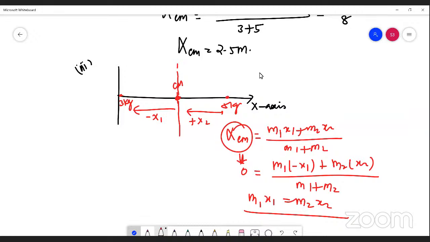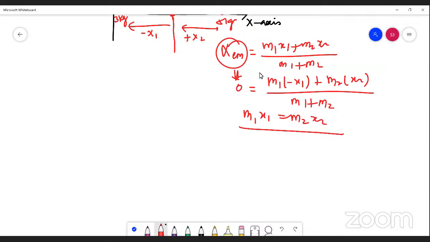If you calculate the principle of moments with the data, mass is 3 kilogram, X1 is given as 2.5 meter. So 3 into 2.5 meter is equal to 5 into 1.5 meter. If you multiply this, you will have 7.5 and 7.5.